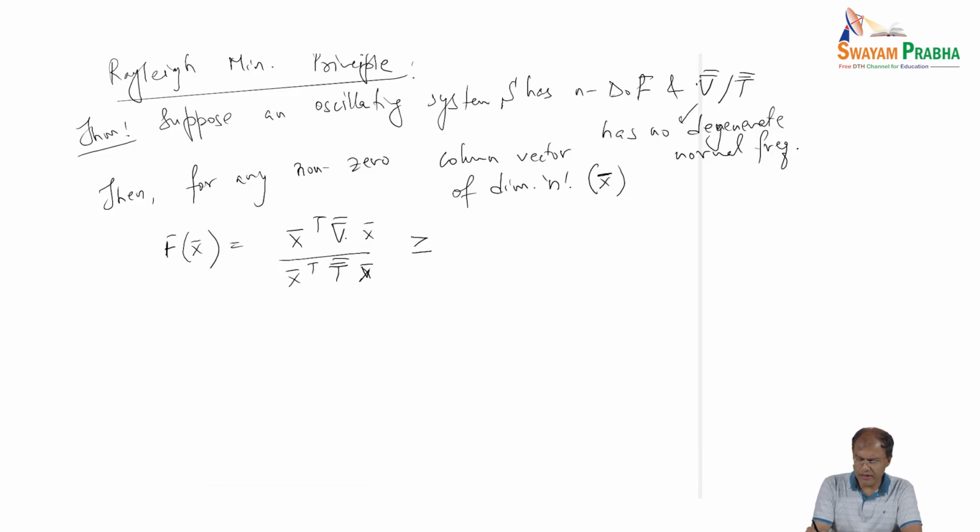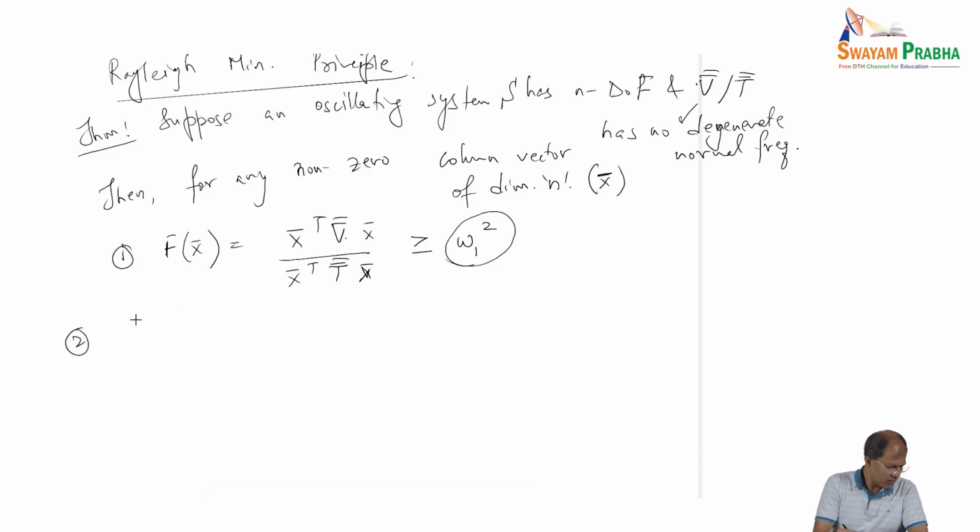This is going to be greater than or equal to omega 1 squared, the square of the fundamental frequency. The fundamental mode implies the frequency which is the smallest out of all the n frequencies. So that is the first statement.